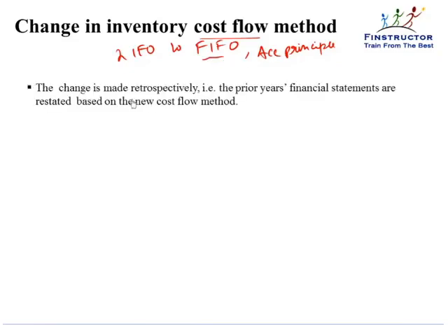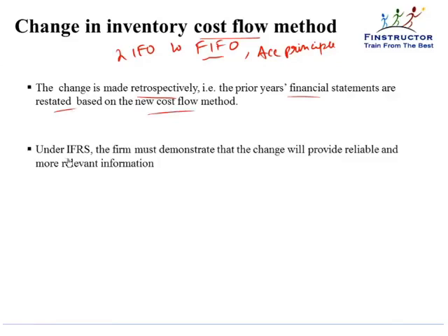So the changes are made retrospectively, that is the prior years' financial statements are restated based on the new cost flow method. Under IFRS, the firm must demonstrate that the new assumption is better and why it will provide a more reliable and more relevant estimate of the income.